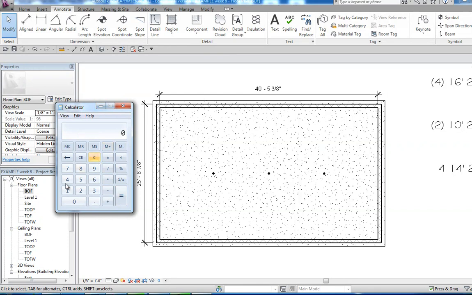So let's clear that. 40, and we'll say 0.5, divide it by 1.33. It's saying we'll need about, if it goes to decimal, round up to the whole number, that'd be 31 we need on just one side.